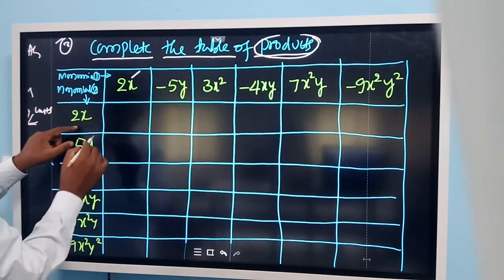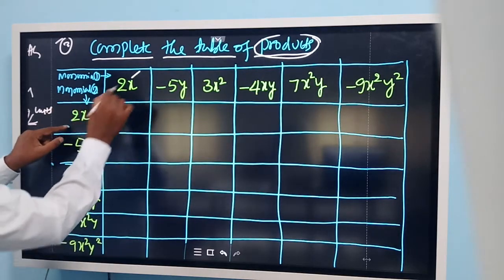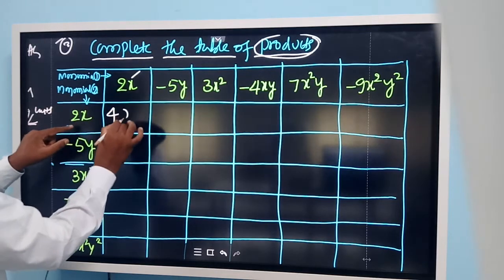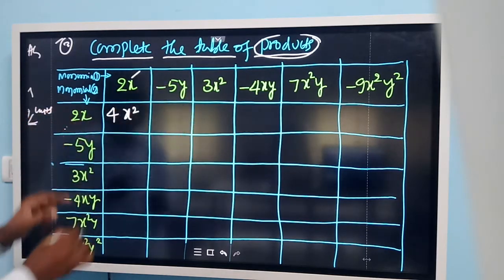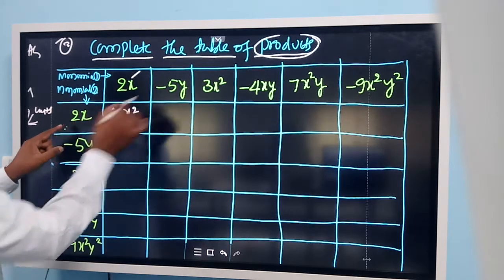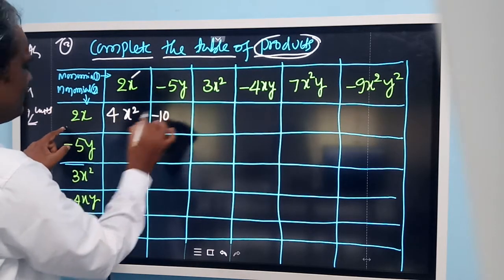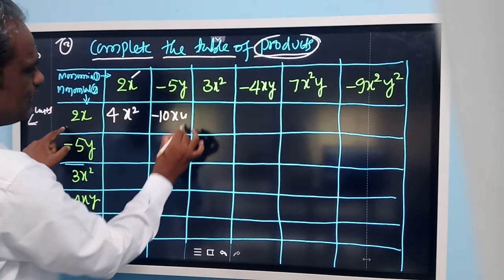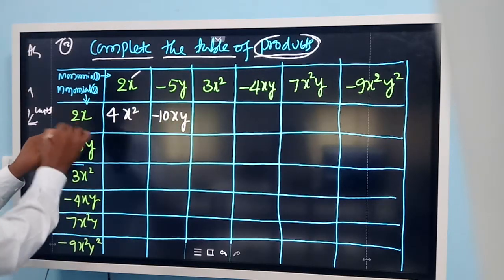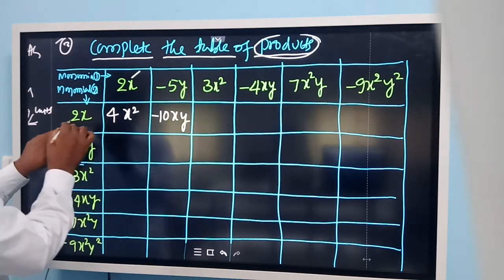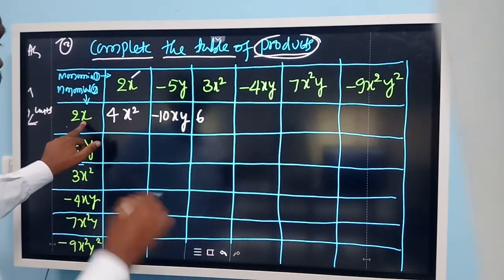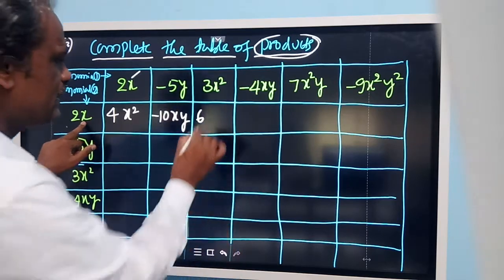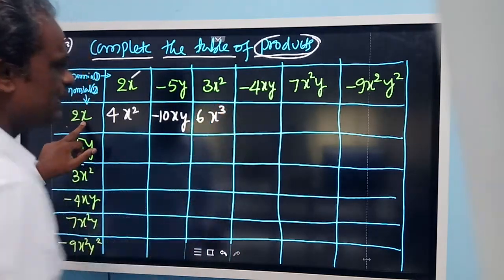So 2x into 2x. First you multiply the numbers. 2 2s are 4, x into x square. Next 2x into minus 5y. 2 5s are 10, minus 10, x into y, xy. Then this first monomial here, third one. 2 3s are 6, x into x square, x to the power 1 into x to the power 2, it is x to the power 3.